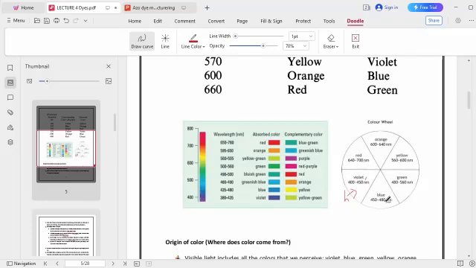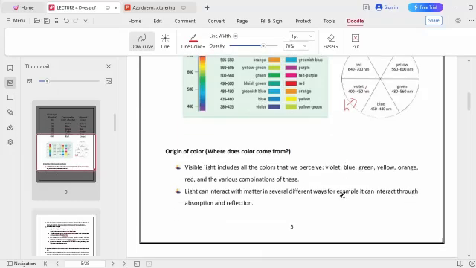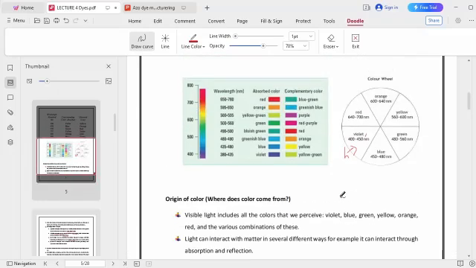So they will absorb a lot of high energy, like violet and blue, and reflect the other low energy wavelengths. And so we see the reflected energy, yellow, orange, etc. Okay. So I may pose a question.